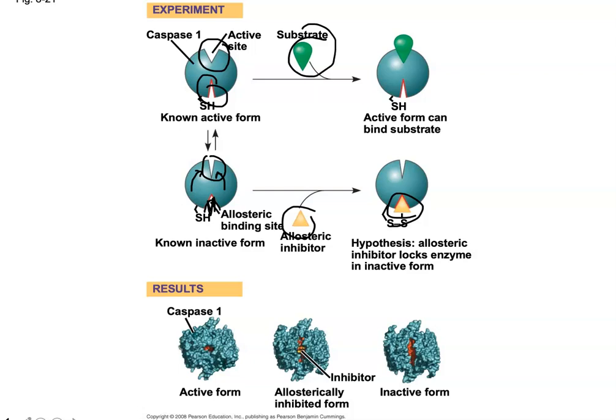Understanding what is an enzyme, what are substrates, what is activation energy, what is the function of an enzyme, what is an active site, what is an allosteric site, a cofactor, a coenzyme, what is the function of an allosteric inhibitor, what are competitive inhibitors. Most of your questions on this chapter are going to come from this last section of the chapter.